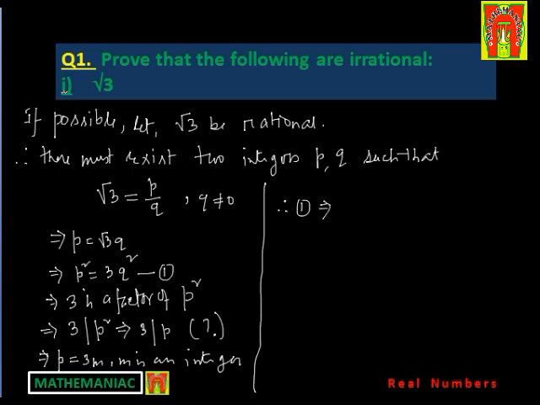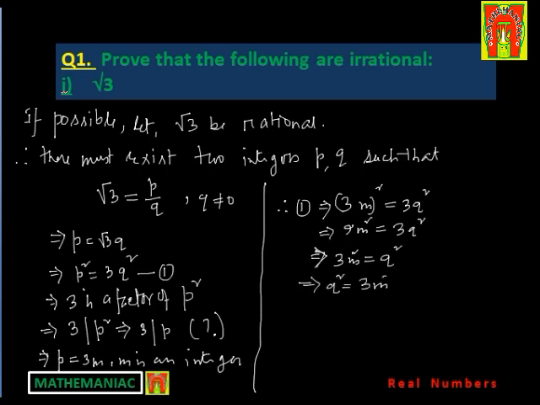Therefore 1 implies, if I put here, it will be 3m whole square, that will be equal to 3q square. This will be 9m square equal to 3q square. Which value I can cancel? 3 I can cancel. So I'll be getting 3m square equal to q square. Now just you see, this is the second equation.